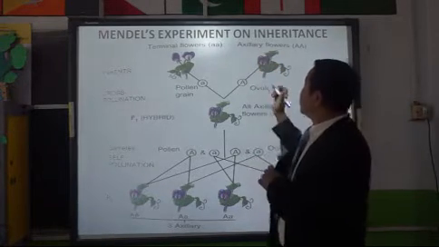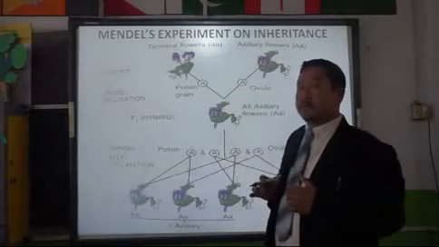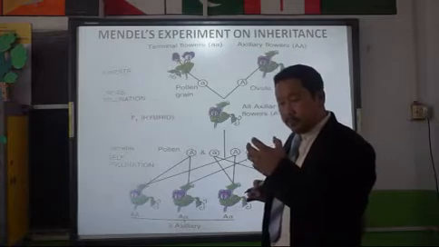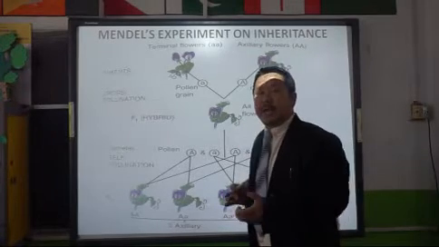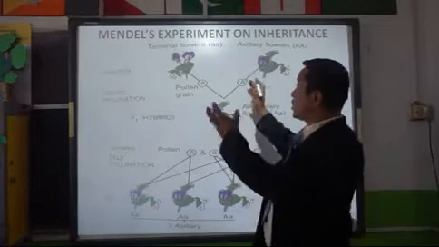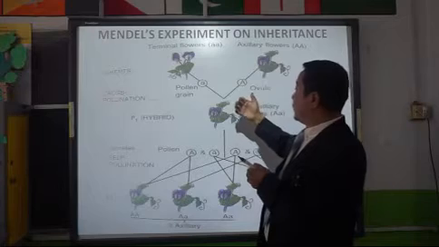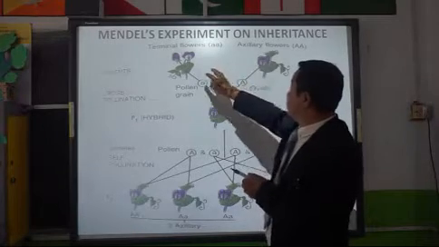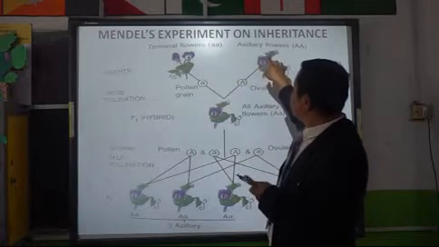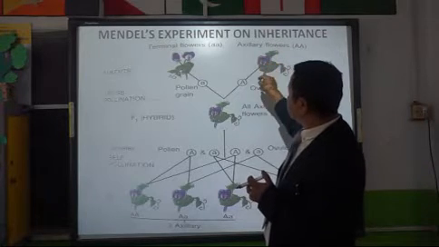Then he observed the pea plants produced in the first generation. So he crossed it. Then obviously after the cross, the pollen grains going to the stigma, then further goes down to the ovary.